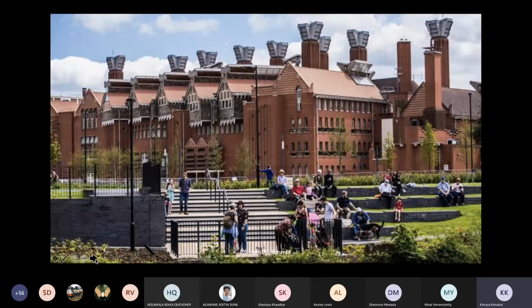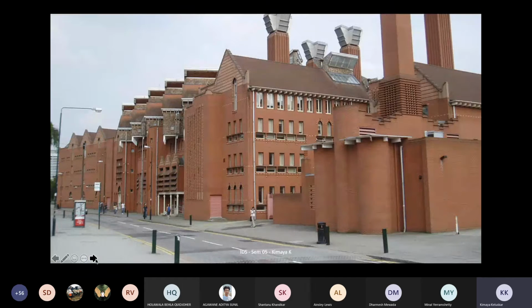Now the next example is the De Montfort University in UK. I think it was constructed in 1993. It's in Leicester, and it has two auditoriums of 180 seats, and they're fully running on natural ventilation.